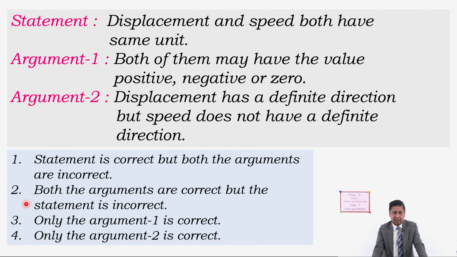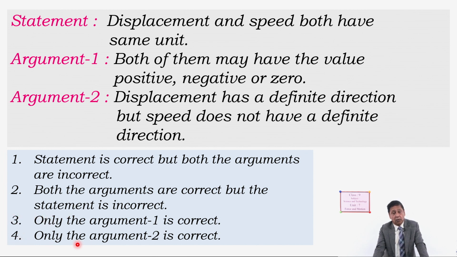That's why option 2, which says both the arguments are correct, is wrong. The first argument is found to be incorrect, so I don't have to go through argument 2 and the statement. Number 3, only argument 1 is correct. Is this correct? Just now I told you that argument 1 is incorrect. That's why 3 is also cancelled.